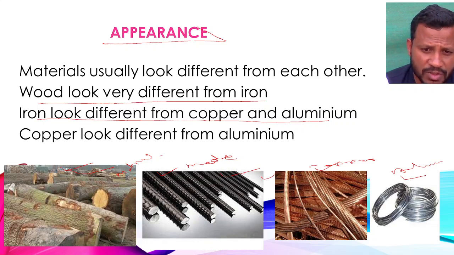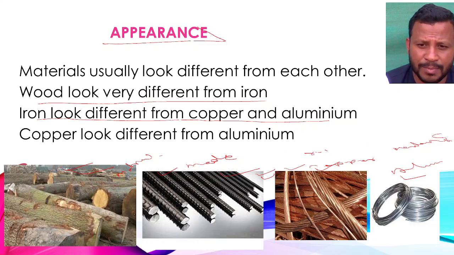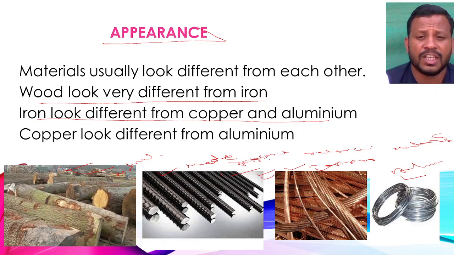Because the properties of iron are different, the properties of copper are different, and the properties of aluminum are different. Aluminum has a low melting point, copper has a little bit of resistance, and iron also has a little bit larger resistance. These materials are all different from each other.